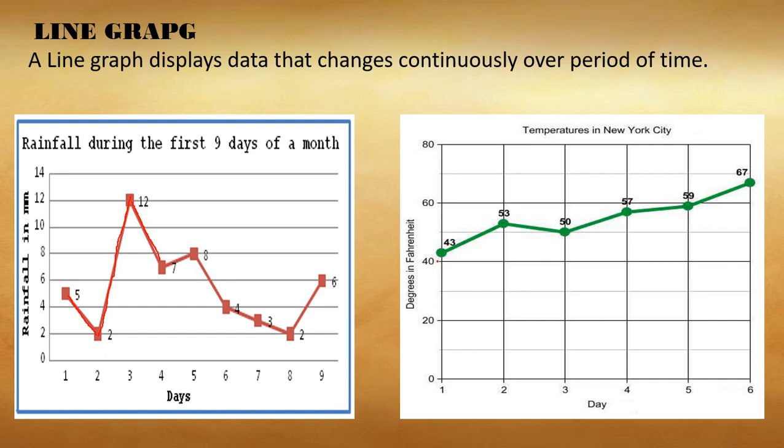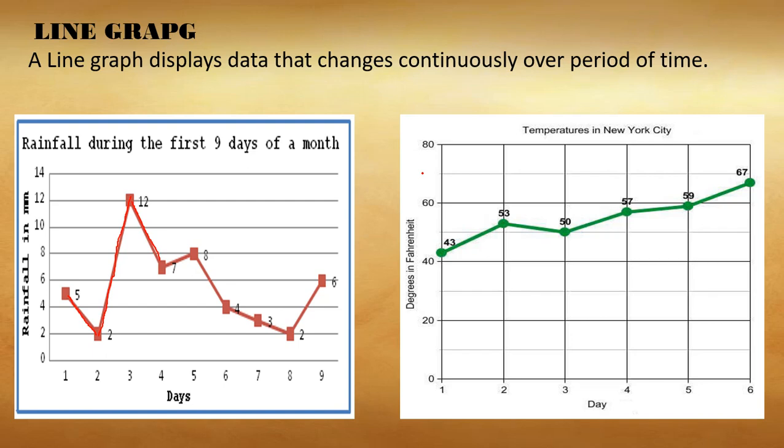So this graph shows the changes in the temperature. Whenever there are changes in a quantity, it is shown by the line graph.